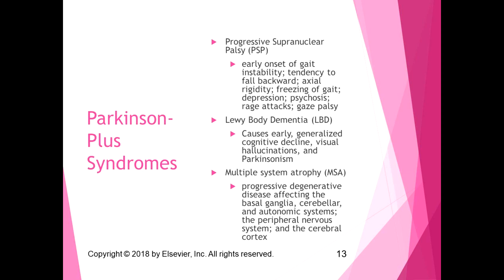And MSA affects more areas. And so a lot of times with people with Parkinson's Plus syndromes, we are working on assistive devices. We are working on patient education. We're educating the patient and their families about what to expect in the future, and it's not a good prognosis.